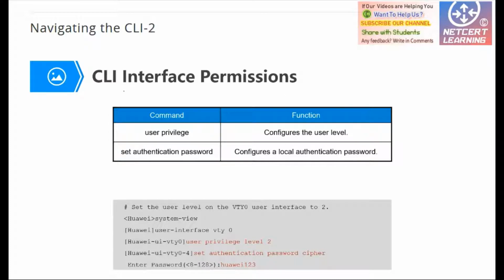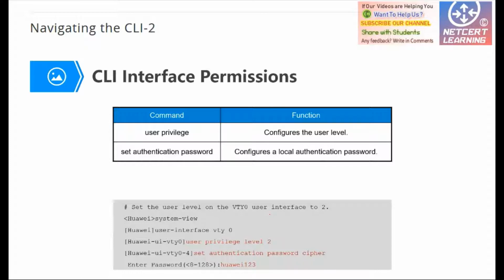And then this is the user privilege. Of course, if you create a user on your device, you can assign a privilege for this user. The privilege is from 0 to 15, as we have discussed.